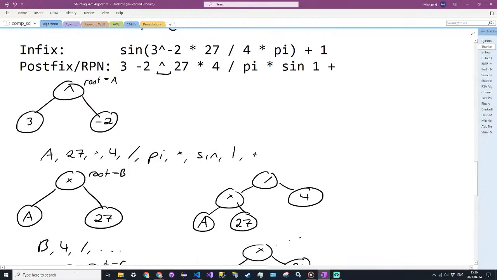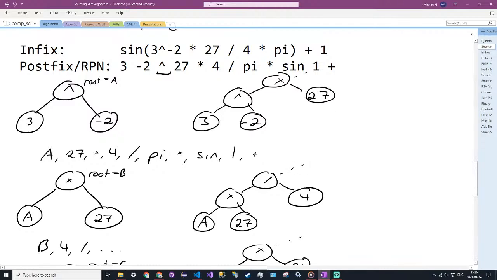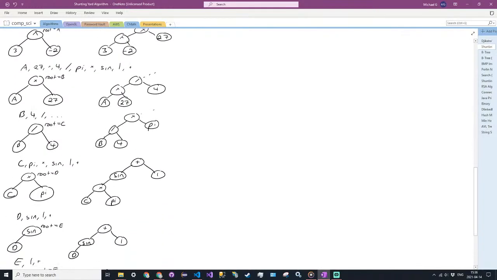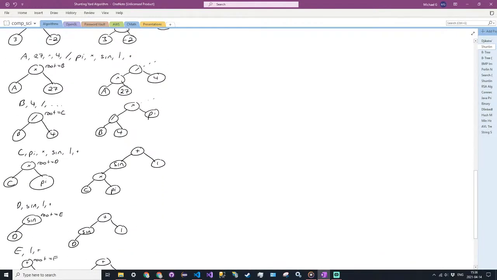And then we just keep going to the root. So then we have a 3, -2, linked by an exponent, linked by a multiplication with the 27, dot dot dot. So now if we look at the whole tree, this is going to be a little annoying to do, but I will figure it out.